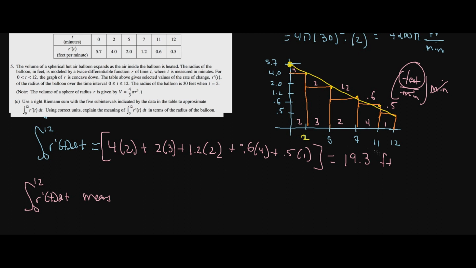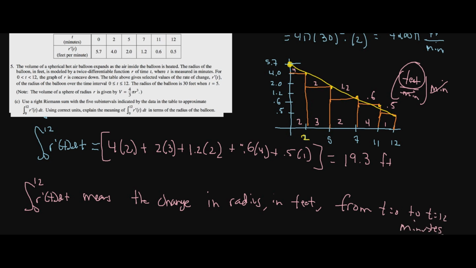So taking the antiderivative and getting feet tells me that this means the change in radius in feet from t equals 0 to t equals 12, where t is in minutes. Don't want to make the mistake of putting hours or something like that. And that's how we can write that down. We're good. We got that there and we're solid.